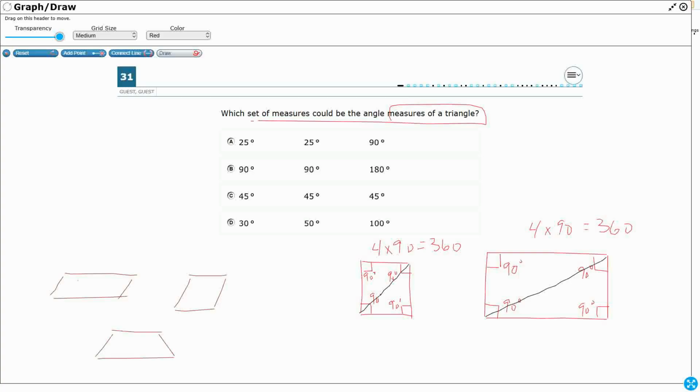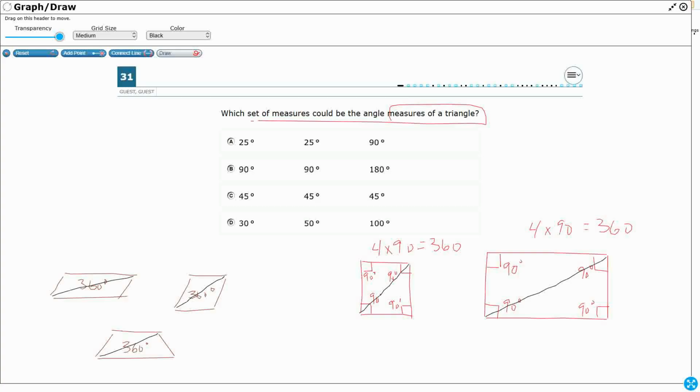Each of these has 360 degrees because that's, by definition, how many degrees are in a quadrilateral, a four-sided polygon. And if you take any of these shapes and draw a line like this, you are going to get two equal triangles like this. Okay?